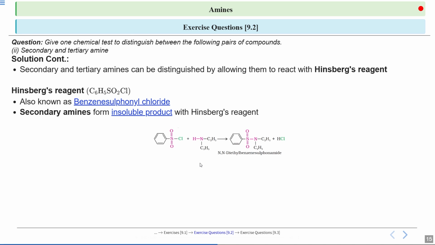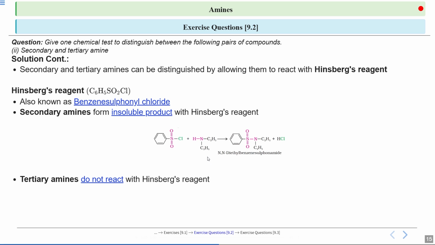When we react it with a secondary amine, it forms N,N-diethyl benzene sulfonamide. This forms an insoluble product because we have no acidic hydrogen attached to this nitrogen. So that is why it is insoluble.